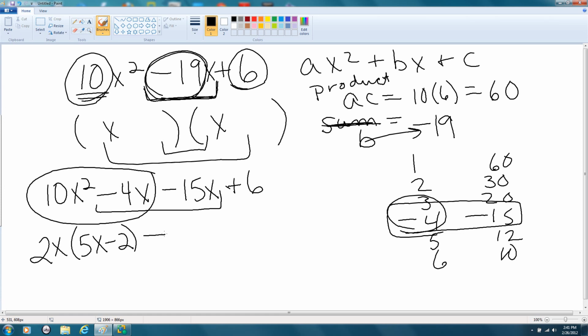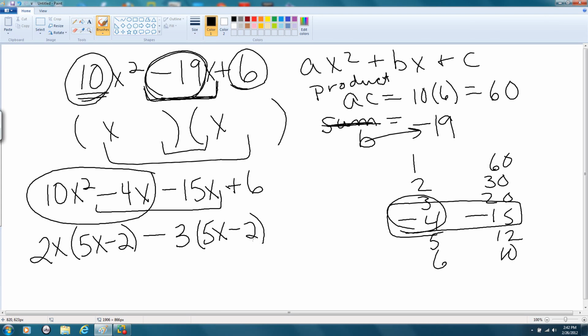The GCF of those two must be 3. So we factor out 3, and then we get 5x minus 2. It's minus because a negative 3 times a negative 2 is a positive 6.